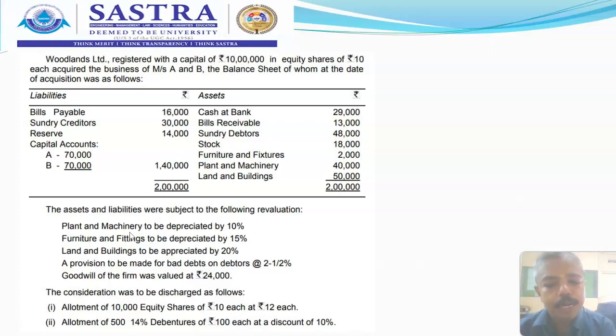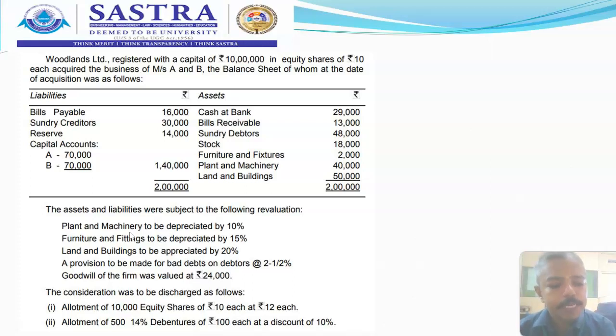So this has to be noted. And then allotment of 5 1/2% debentures of rupees 100 each at a discount of 10%, which means they are issuing at 90 rupees. So these things we need to use for our calculation. I hope you understand the question now.